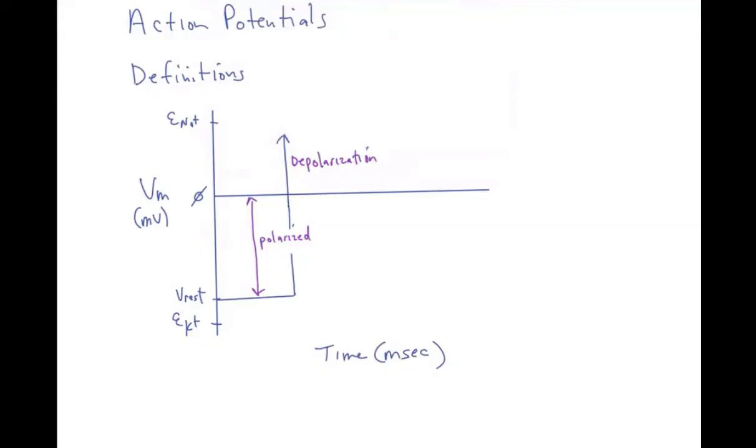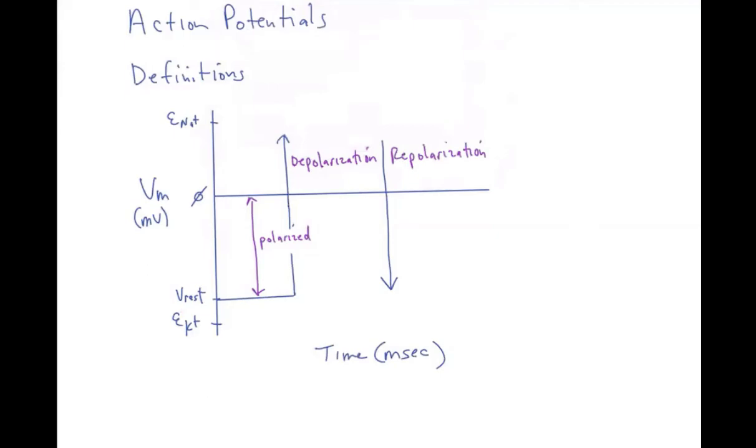Now, if the membrane potential gets depolarized, it will go back down, become less positive and more negative. If you're going back from a depolarized state, that's called repolarization.